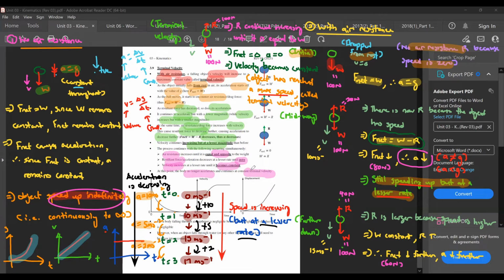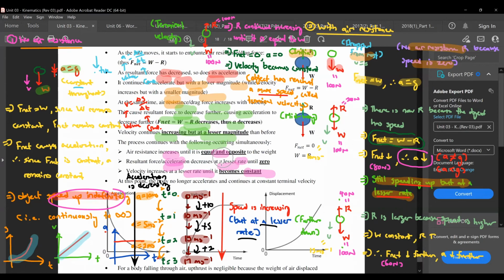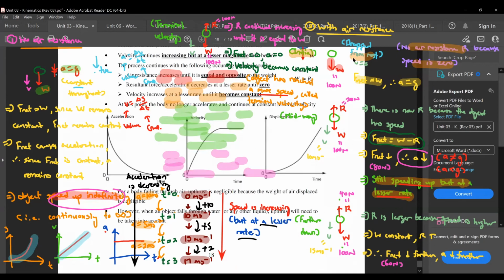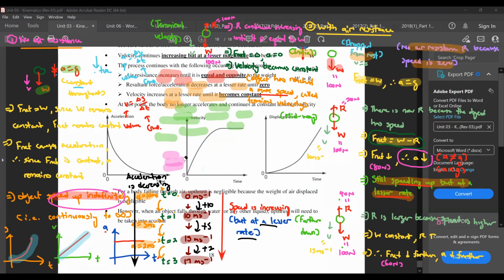So in terms of the graph that you expect to see, it basically looks something like this. Okay, this one I'll just erase it off. Okay, so if I just look at the velocity time graph, this one, you will notice that my velocity is increasing here, and then suddenly it becomes constant as you reach terminal velocity.